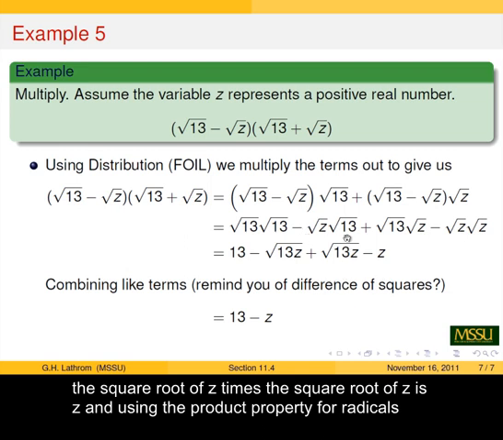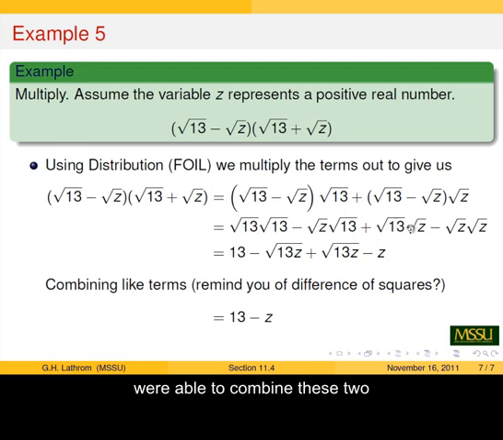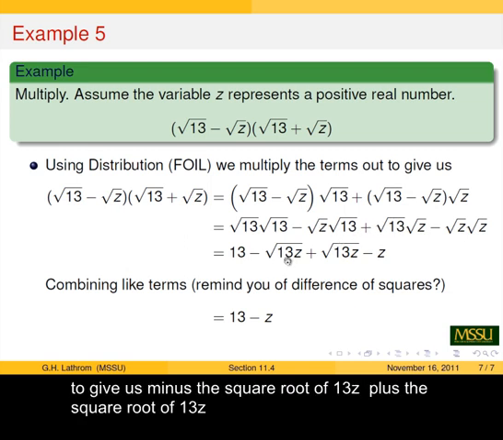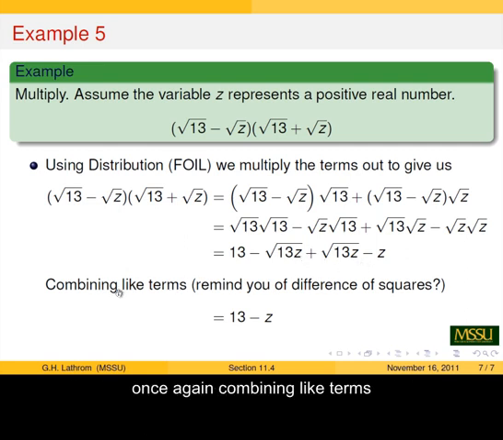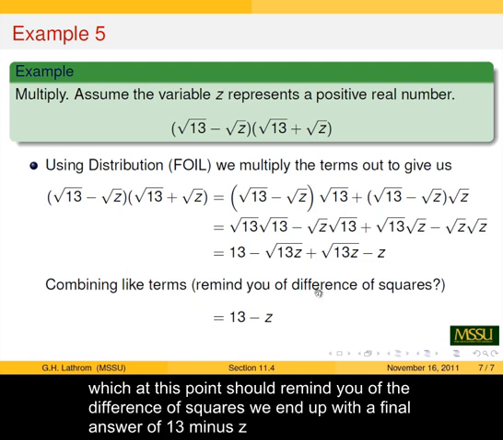And using the product property for radicals, we're able to combine these to give us 13 minus the square root of 13z plus the square root of 13z. Once again, combining like terms, which at this point should remind you of the difference of squares, we end up with a final answer of 13 minus z.